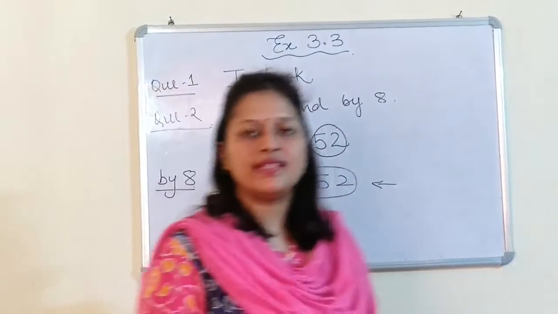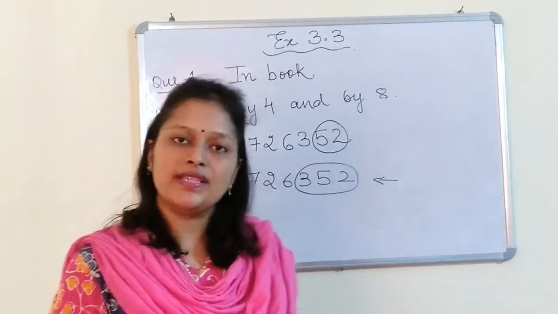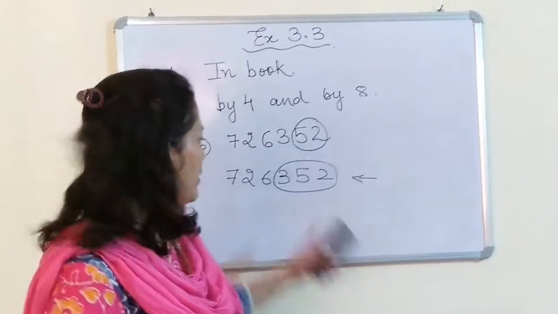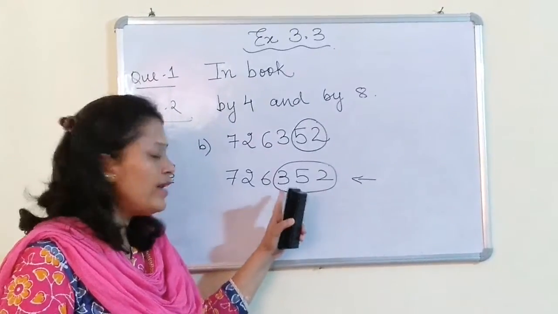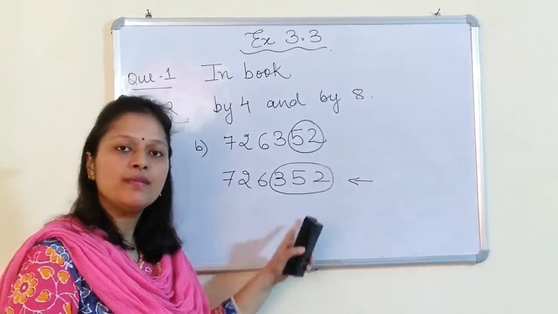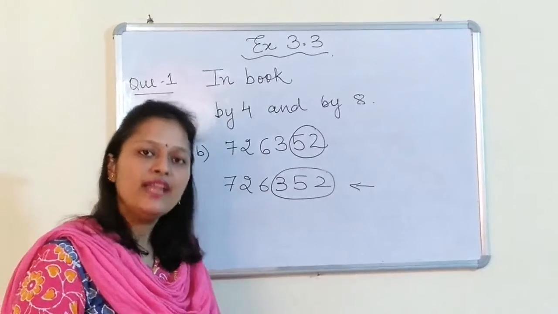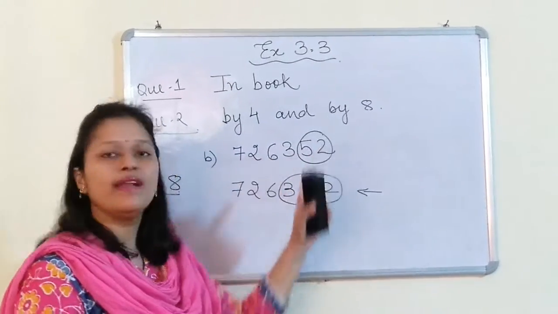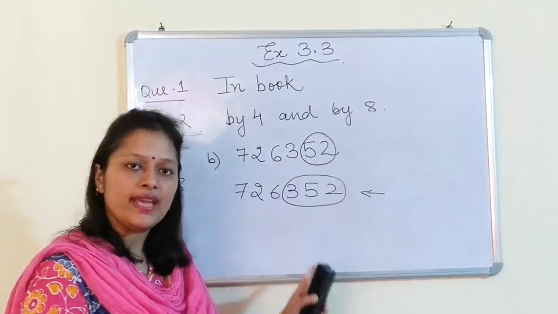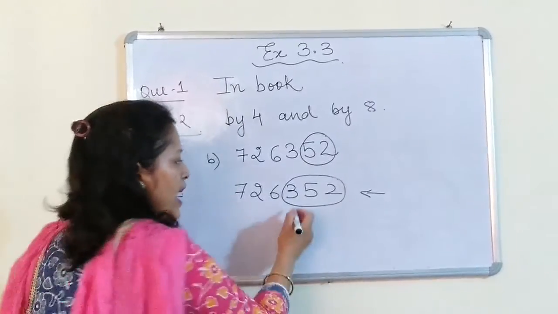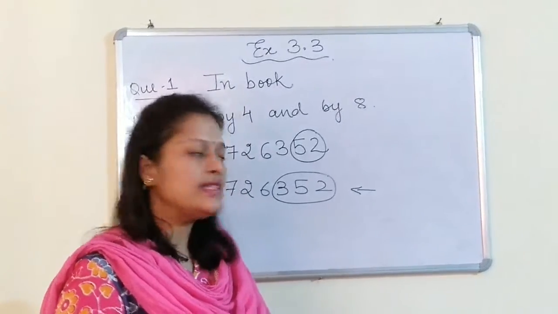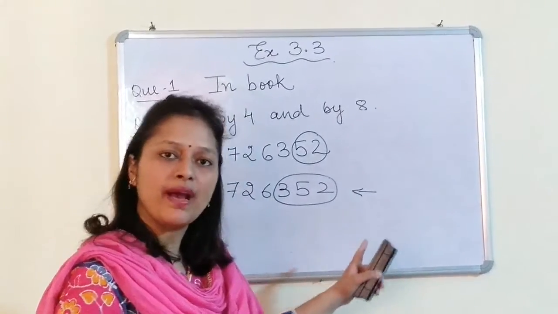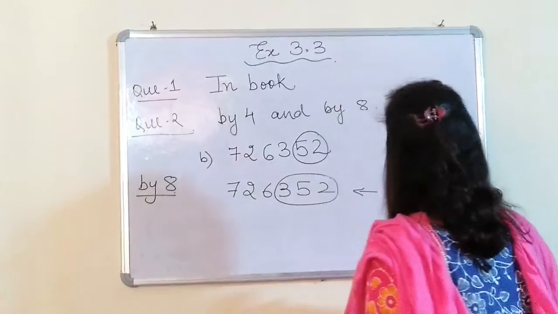Again, I am repeating, you will check the number formed by the last 3 digits. If the number formed is divisible by 8, then you can say the number is divisible by 8. So, let's check.